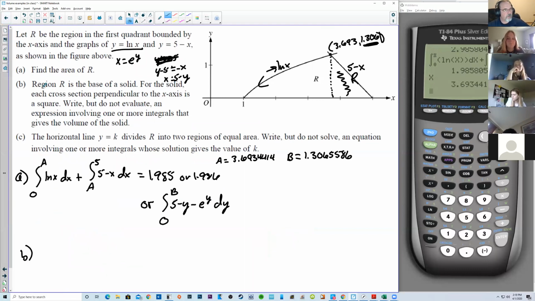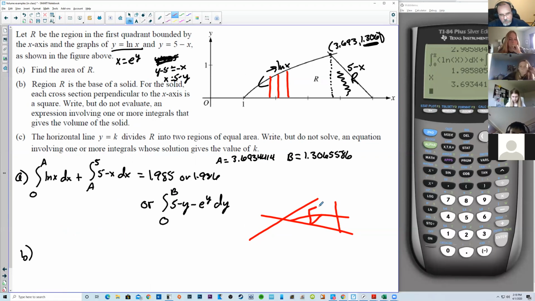Letter B. Region R is the base of a solid. For the solid, each cross section perpendicular to the x-axis is a square. So now each of these is the base of a square. So remember how we lay this down. It's like this and like this, and then we have squares coming up like that. So what we do is we integrate side squared, but with respect to x, because these are perpendicular to the x-axis.